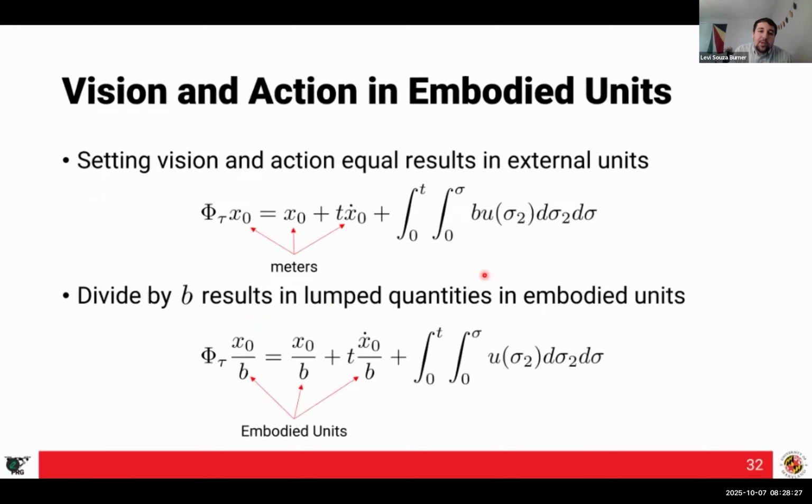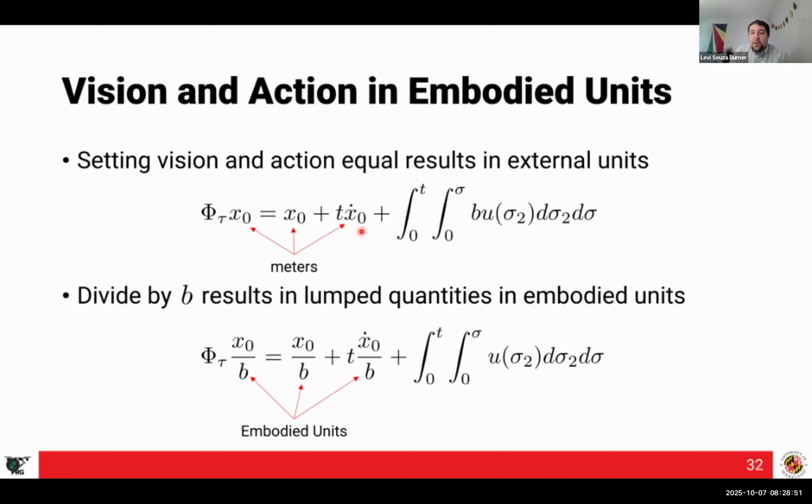So for example, if we take the transition matrix mentioned earlier, which was measured from vision, and we set it equal to the results of action, which are on the right-hand side of this equation, then we get a constraint between vision on the left-hand side and action on the right-hand side that maybe if we manipulate in a special way, we would be able to figure out where we are. That is in x naught or x dot naught.